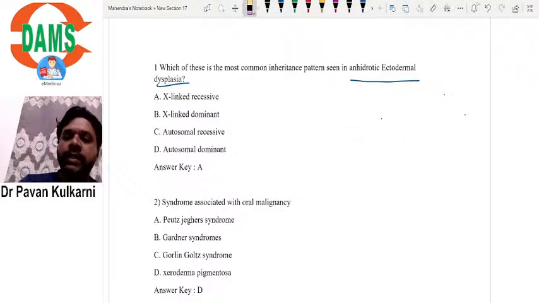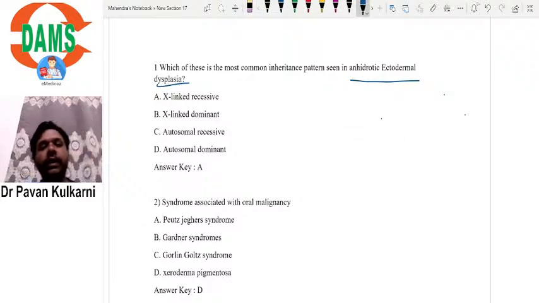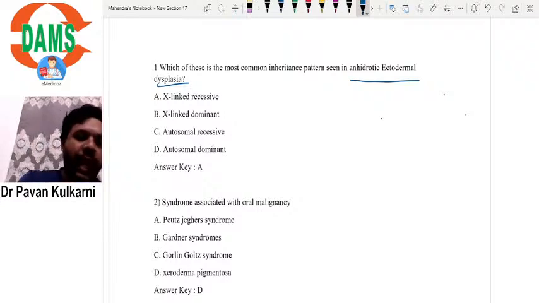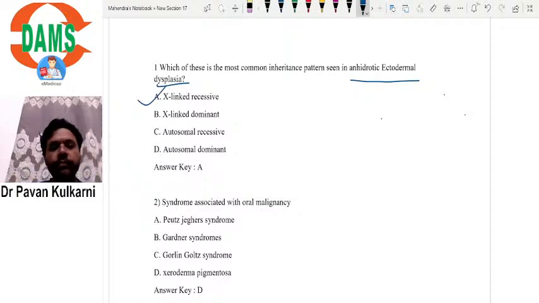The question asks, what is the most common inheritance pattern in anhydrotic ectodermal dysplasia? The answer is a simple single liner, X-linked recessive disorder. Ectodermal dysplasia has different inheritance patterns, but among them, the most common is X-linked recessive.